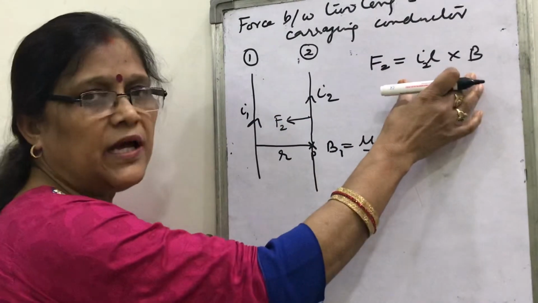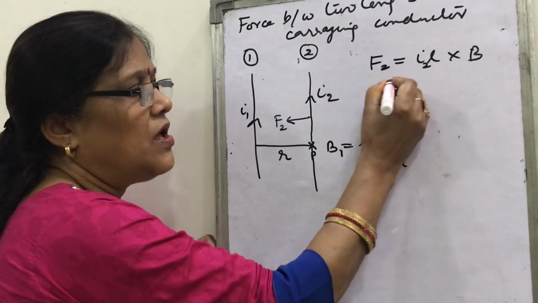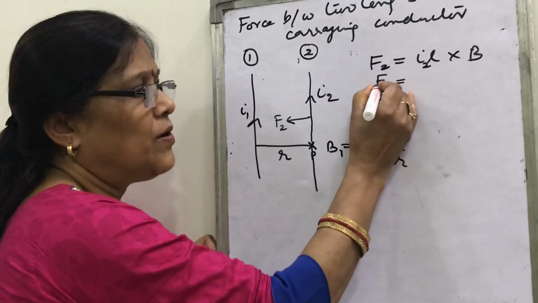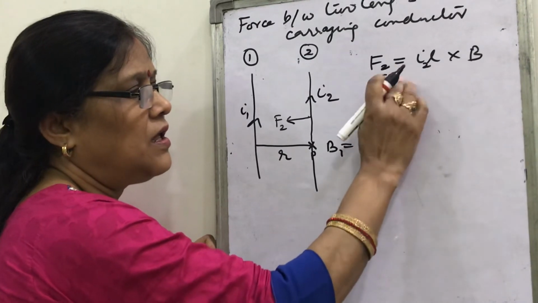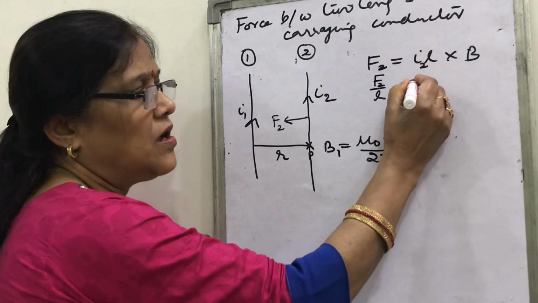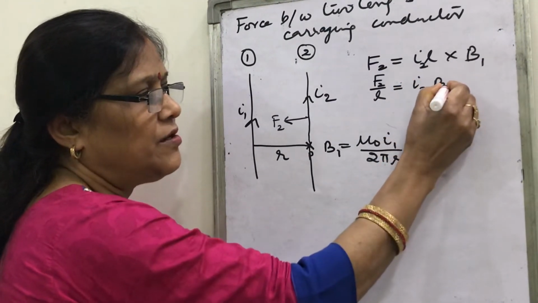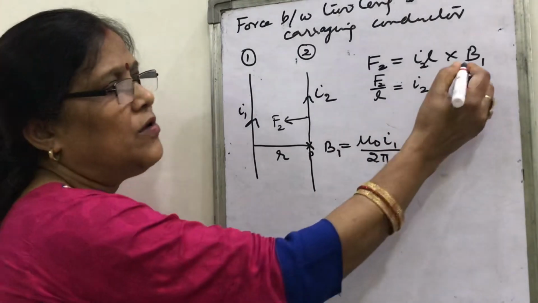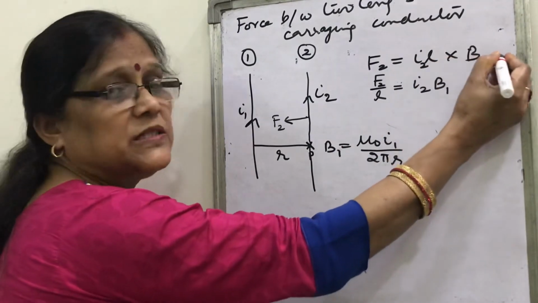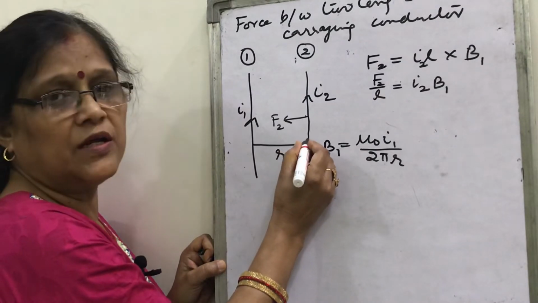Now what will be the expression? You can write here F2 upon L as I2 B1. You will write here B1. And why not I2 L B sine theta, theta will be 90 as usual. This is the angle, perpendicular.